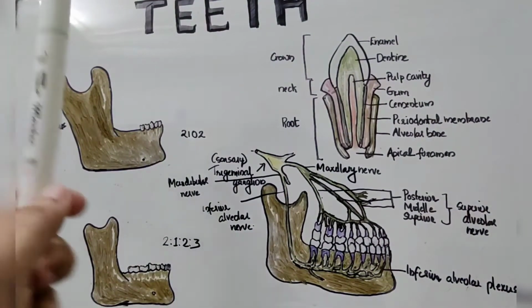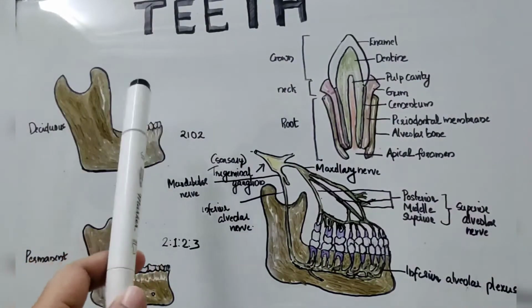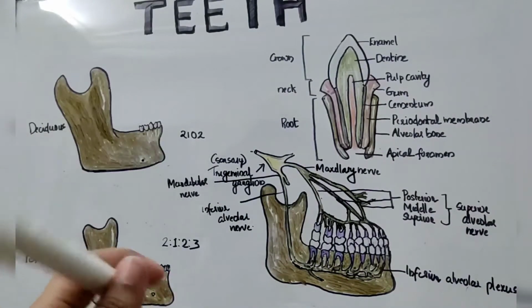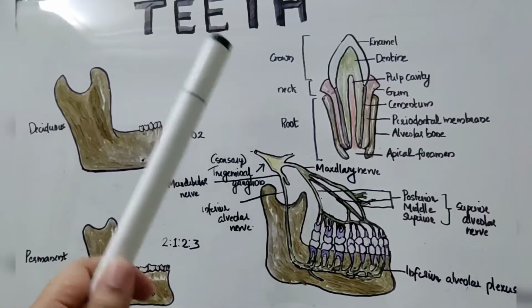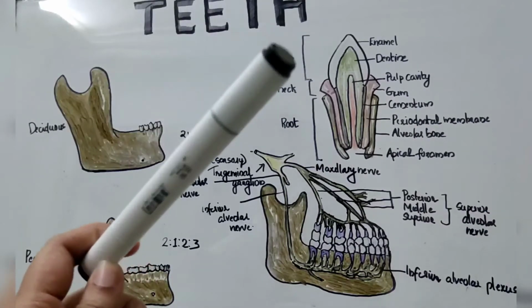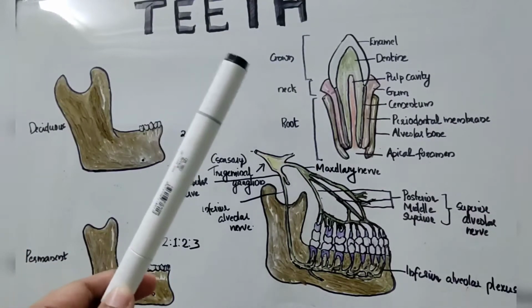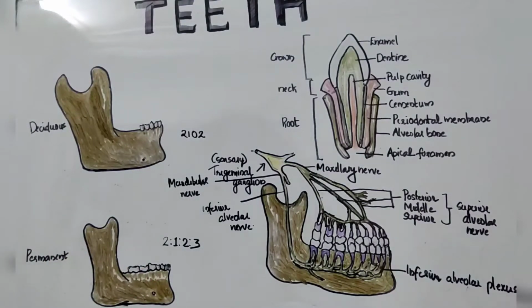In humans, the teeth are replaced only once in life, and hence they are called diphyodonts. But in non-mammalian vertebrates, they can be replaced many times, and hence they are called polyphyodonts.